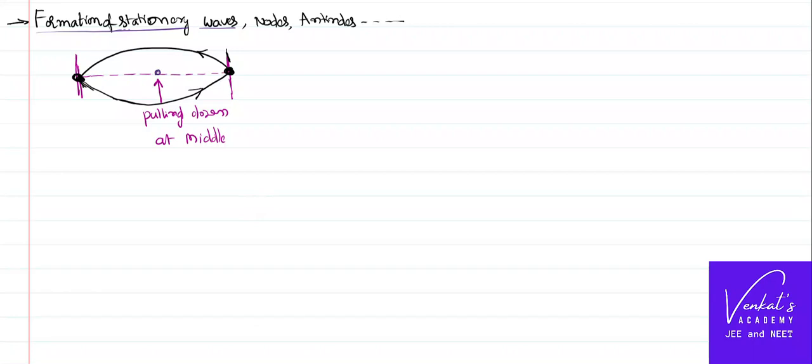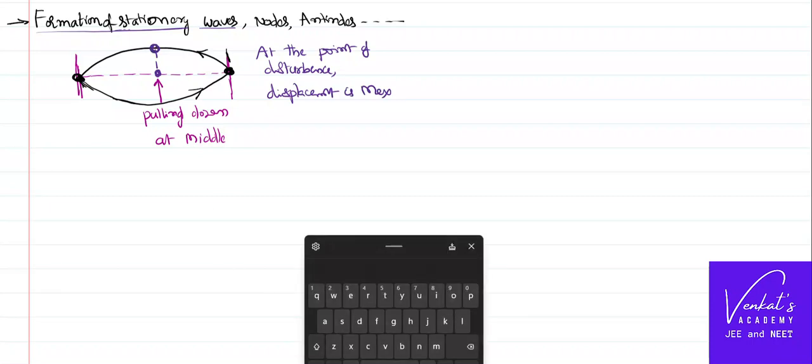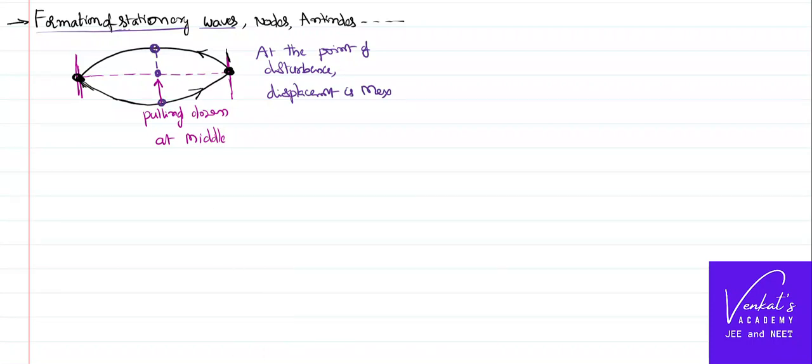The very important point I want you to observe is that at the point of disturbance, wherever you have disturbed it, the displacement of the particle is maximum. Here or here, displacement is maximum. That point where the displacement is maximum is called an antinode.